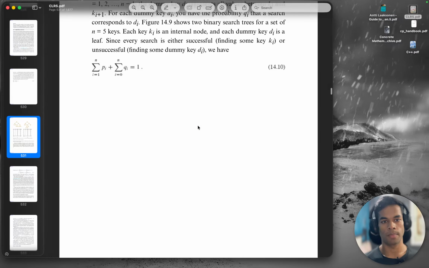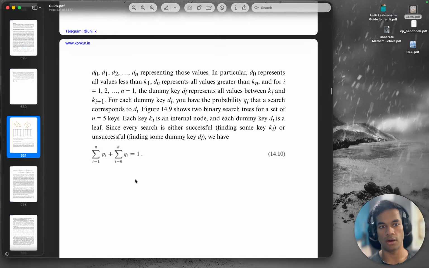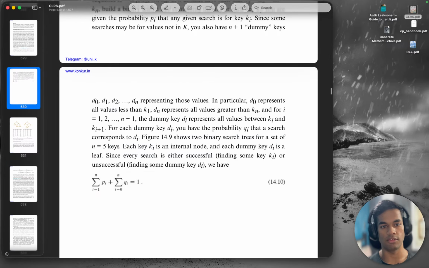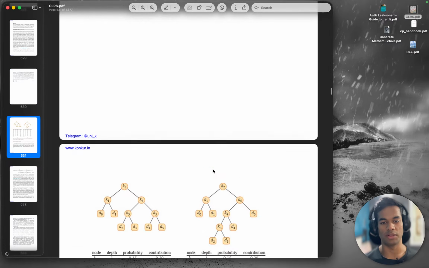The actual keys and dummies are scattered. That makes a lot of sense. Here we have all the null values. Leaves have d0, d1, d2, d3 as their children, because that is how these keys d0, d1 till dn are defined. That is actually very smart.